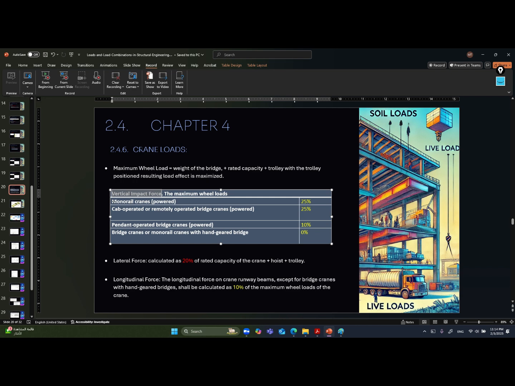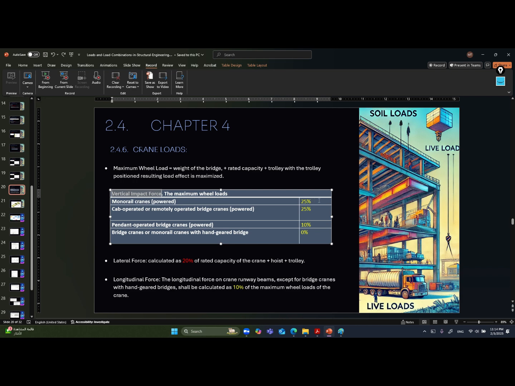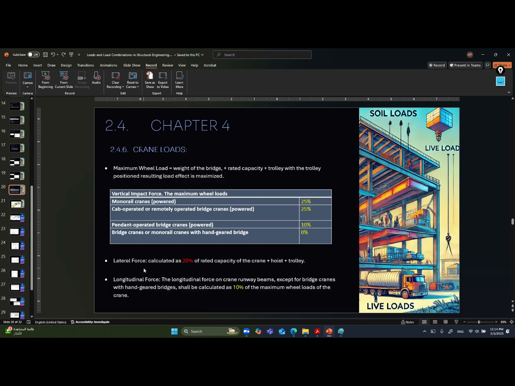If you have a monorail crane, then it will be multiplied by 25%. If you have a bridge crane or monorail crane with hand geared bridge, it will be 0. If you have a cab operated or remotely operated bridge crane, it will be 25%. Like this one, so I wrote 25%. And of course, as a lateral force, it will be 20%.